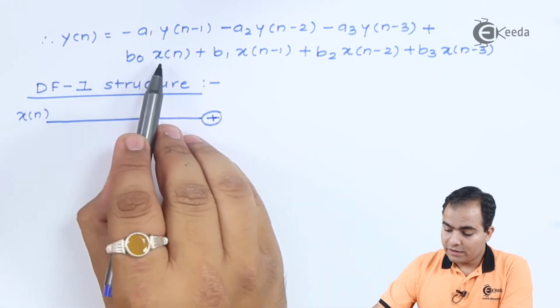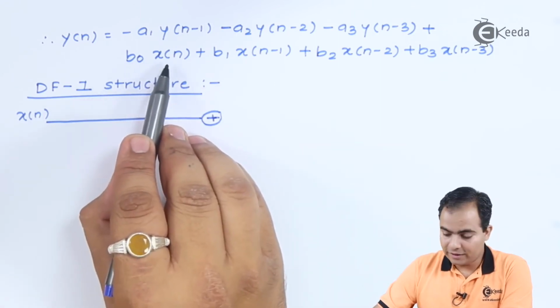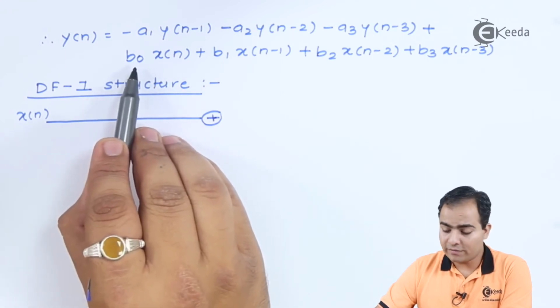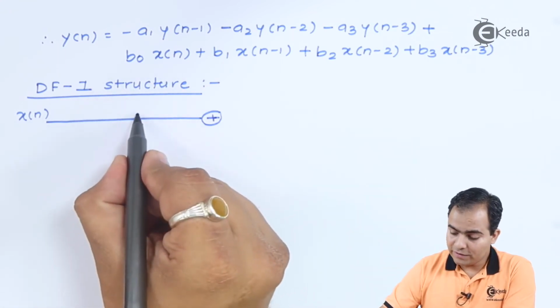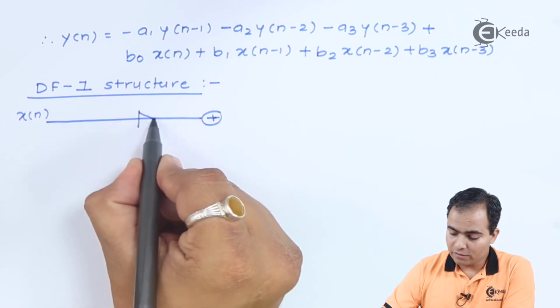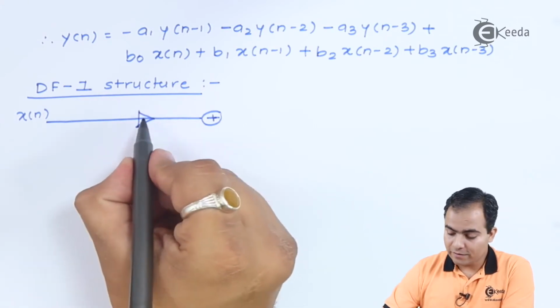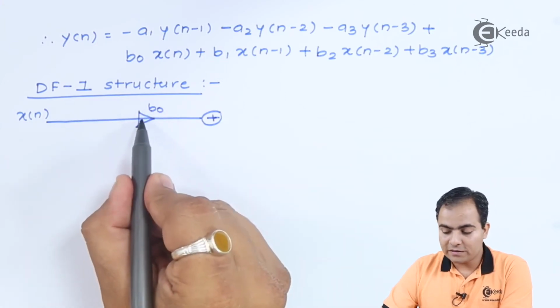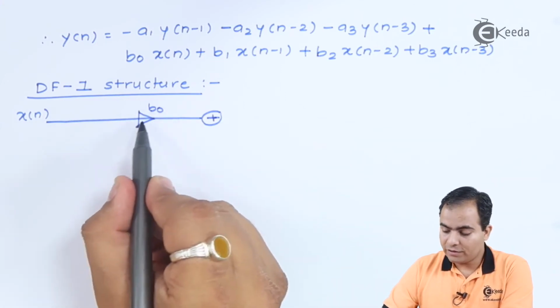Now here we have x of n. Basically this x of n is multiplied by some constant value, and that value is b0. So simply do one thing, just draw one block and write b0 inside it. Basically I don't have any space, so I have written it outside, but you can write this inside.